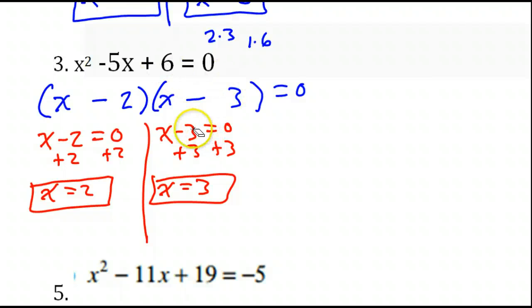Alright, in order to solve like we're doing, we're using something called the zero product property. We've been using this. If I know that a times b equals 0, I don't know what a is and I don't know what b is, but I know something. At least one of these has to be 0. That's the only way they're going to multiply.